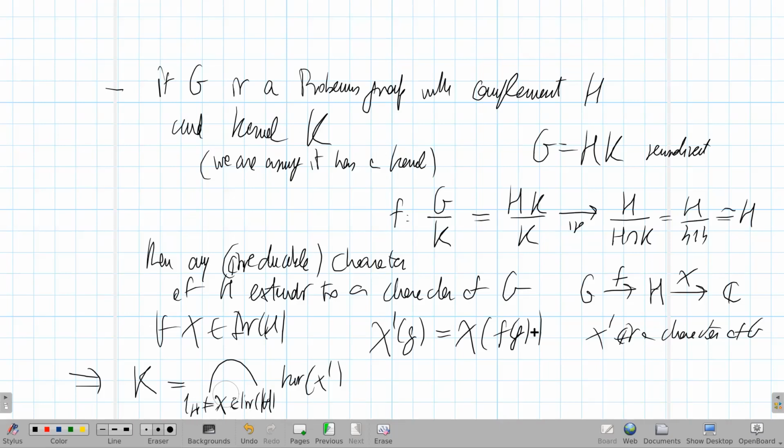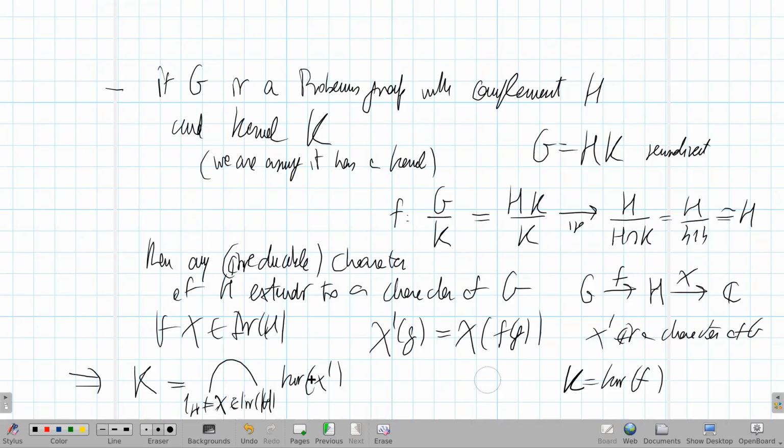Because of this extension, if you consider this map, of course K is in the kernel, K is exactly the kernel of f. So when you apply f to an element of K, you get 1, and so you get something in the kernel of chi prime.